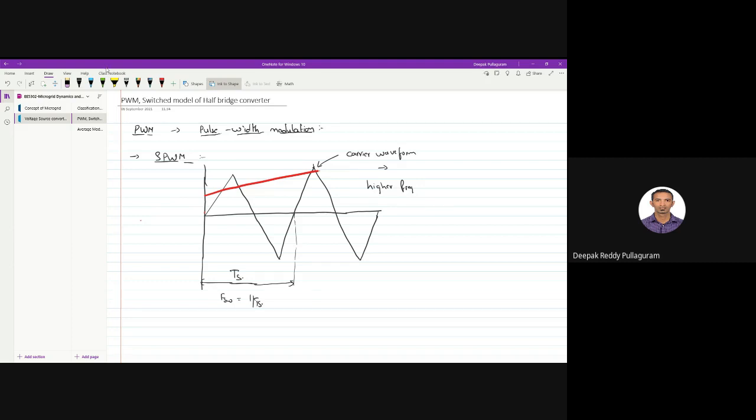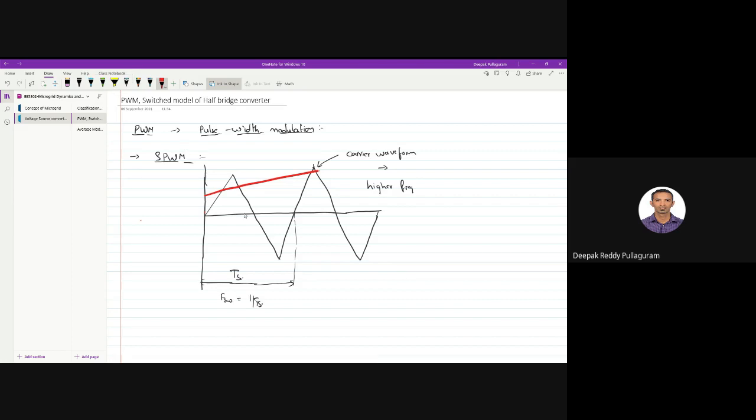Now whenever the modulating signal is larger than the carrier wave, a pulse will be triggered on.